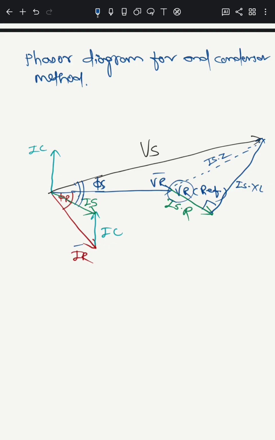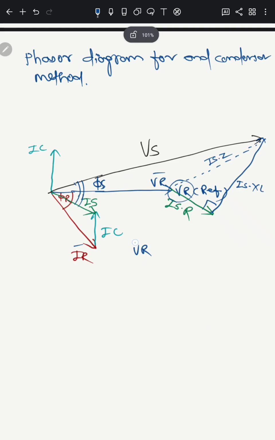Now from this we can write the various expressions. Vector Vr is equal to Vr plus j0.